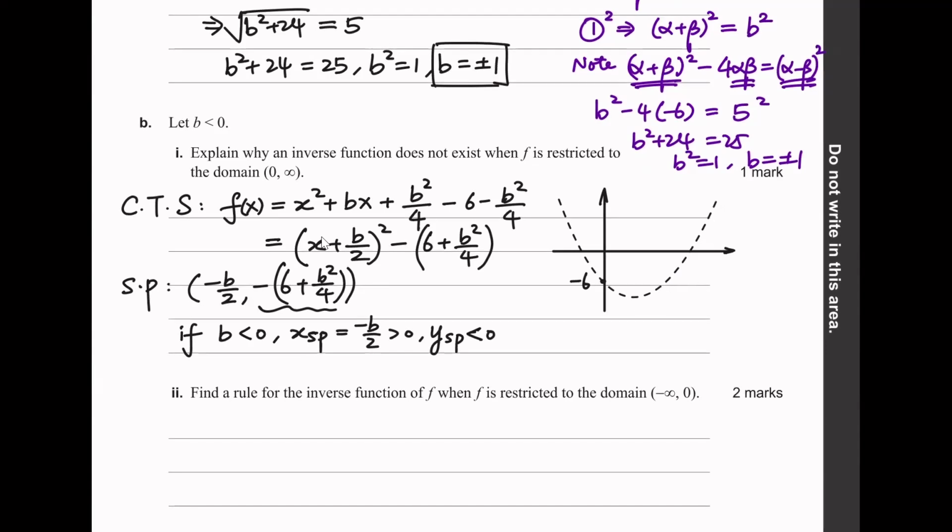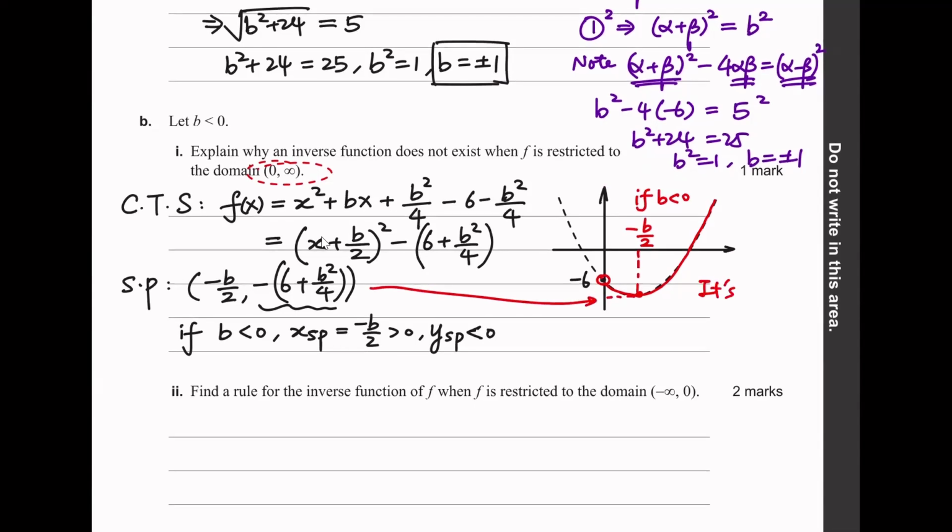It's a parabola, isn't it? So if the domain is 0 to infinity, this is my minus b on 2 if b is less than 0. This is the stationary point. It's a many to 1 function over 0 to infinity x value. That's why the inverse function does not exist.